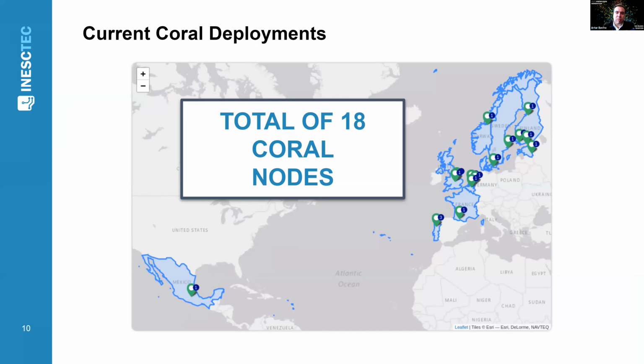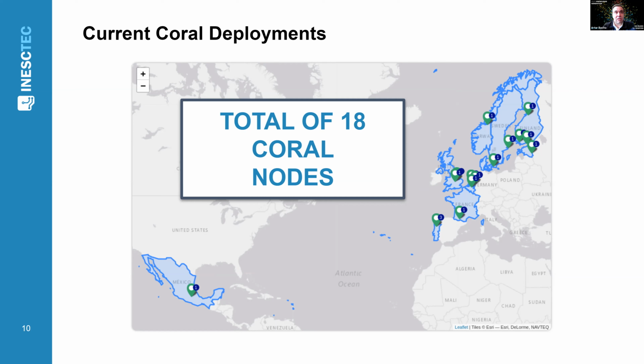What else? So at the moment we have 18 deployments of Coral. Not us, but these institutions which resort to us for some kind of support as much as we can provide.